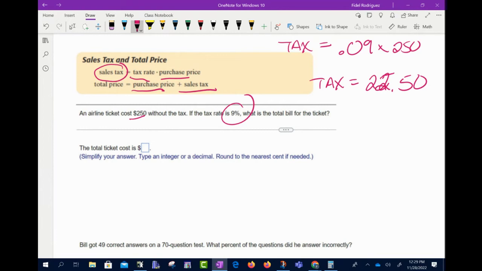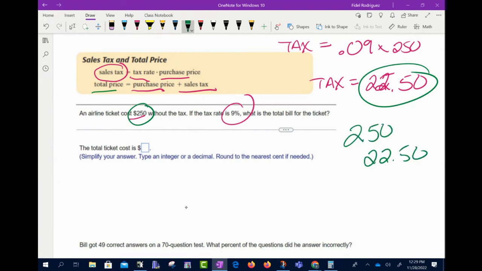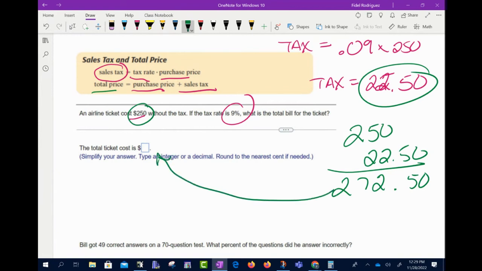Now, the total price is going to be the 250 plus 22.50. If I add those together, that should be $272.50.